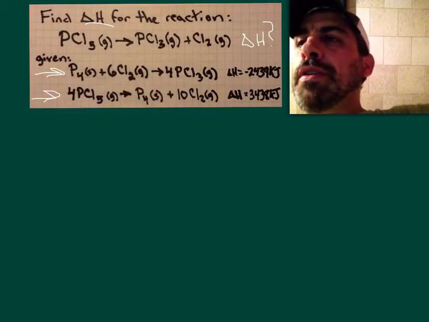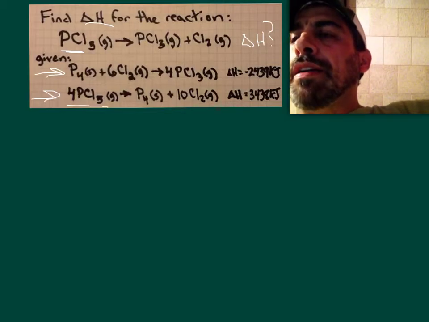So the first thing I'm going to look for is, do I see this reactant anywhere? And I see that's also a reactant in this reaction. How about the product, PCl3? That shows up in this reaction. And the other product, chlorine, also shows up in the first reaction. So I don't need to reverse either one of these reactions.